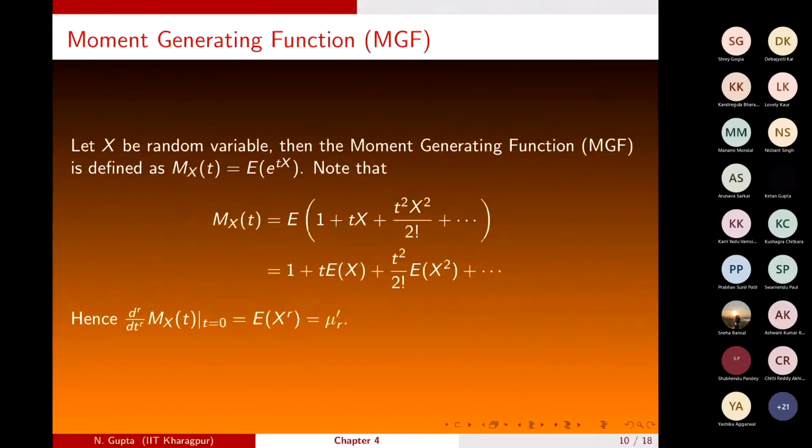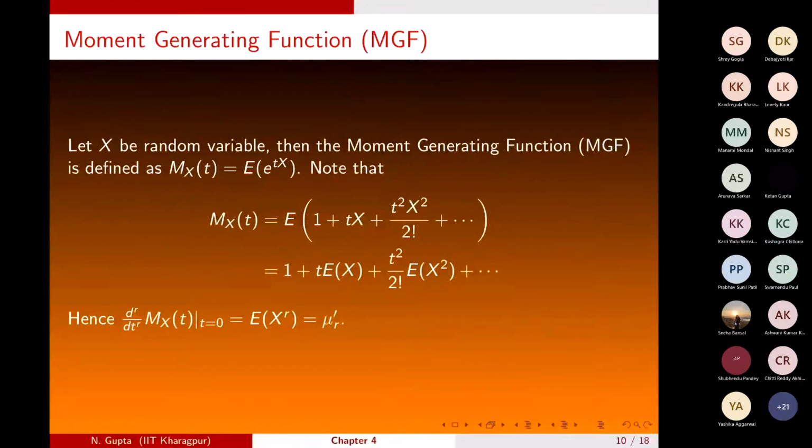Now we will find out the moment generating function. So we know the direct method how to find out the mean and variance. Using moment generating function also we can find out the mean and variance, etc.